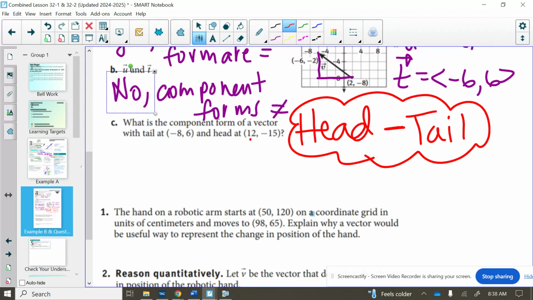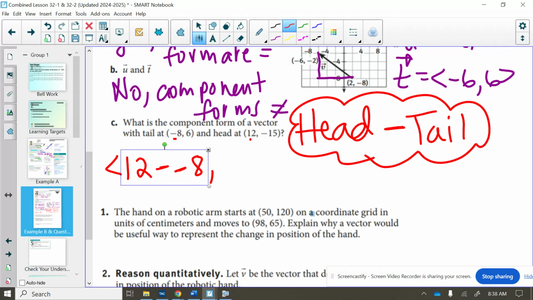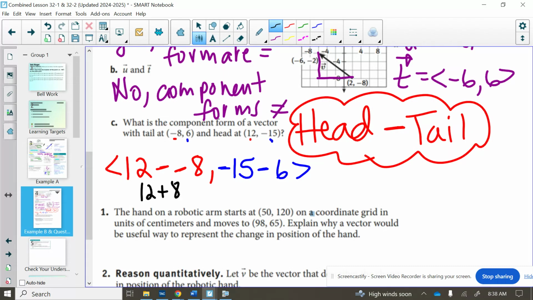So we're going to take the x value from the head, subtract away from it the x value from the tail, and then we're going to do the same thing, head coordinate minus tail coordinate, for the y values. For our overall movement then, remember, minus a negative is the same thing as saying plus, so we end up at 20, and then negative 15 minus 6 more is negative 21.